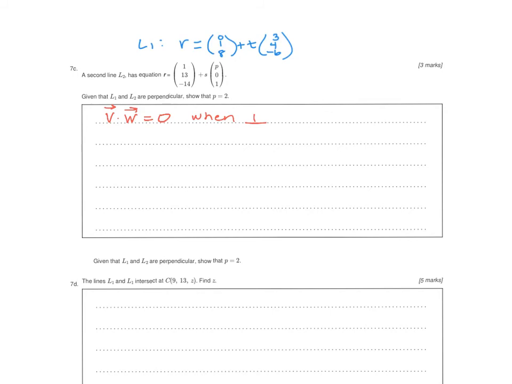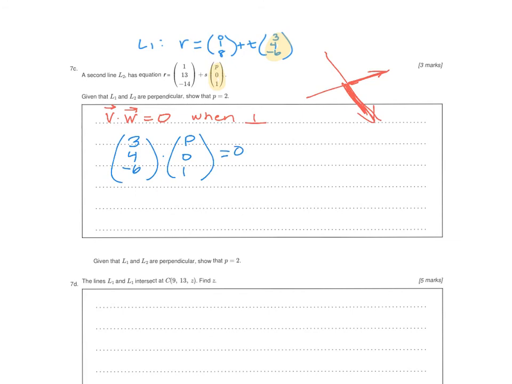So we just have to figure out which vectors represent the direction of each line. Well, that's this vector and this vector. So we can say that the dot product of them, 3, 4, negative 6, dot product with P, 0, 1, has to equal 0.